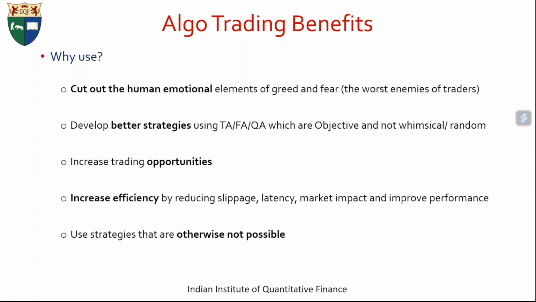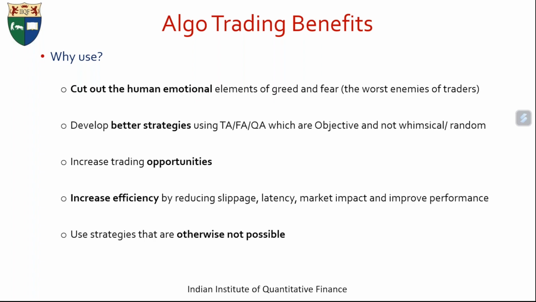Efficiency, again: if you're automating your process using algo-based trading, then you are reducing slippage, latency, and market impact, and definitely you improve your performance, right? And of course, if you're doing algo trading, you can use strategies that otherwise are not possible manually. You can build complex strategies, multi-leg strategies, and so on, which you cannot do manually. Sometimes you want to do high frequency strategies, which you normally cannot do manually.